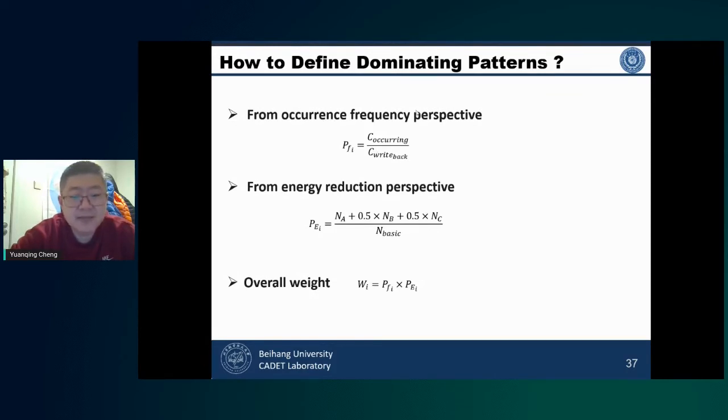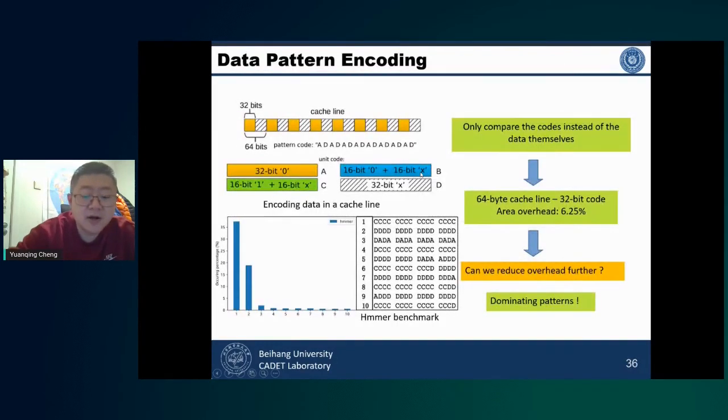But note that some very frequently occurring data patterns may not correspond to energy saving, because if the very frequently occurring pattern is case D, we have to write all data back to the cache. We cannot save any energy.